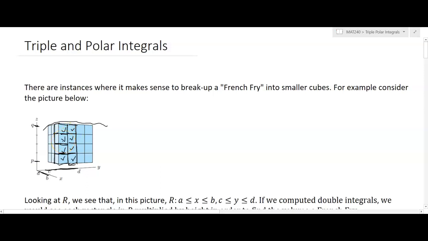They don't necessarily have to be cubes. I'm referring to them as smaller cubes because they roughly look like that when we think about each one as having a height of dz. So now we're going to incorporate a dz, and that's going to be the height of each one of these individual rectangular prisms.